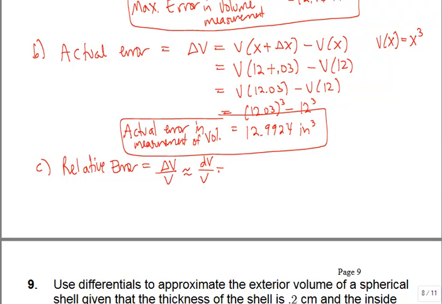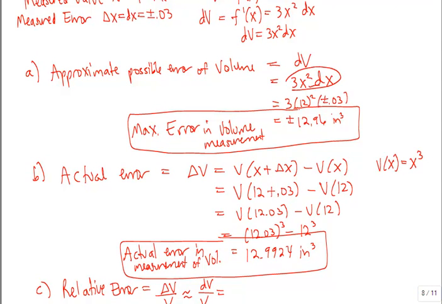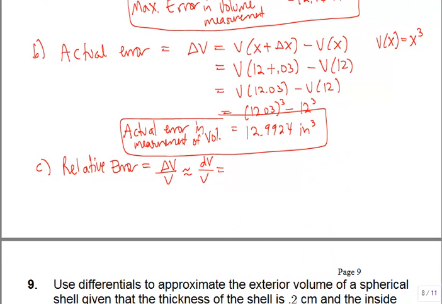And our dV in this case, remember from earlier, was our 3x squared dx. It was just the derivative of that volume function with the dx on the side. So 3x squared dx over the volume function itself, which is x cubed. And when you reduce those x's, this just becomes 3 over x dx.